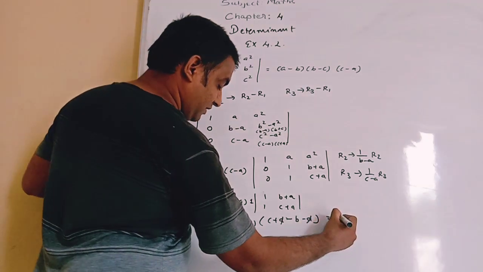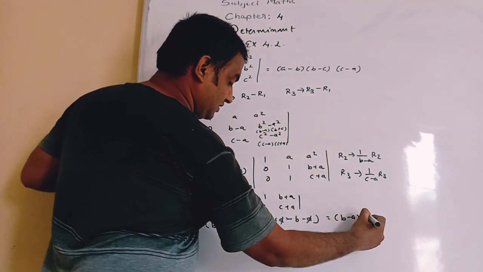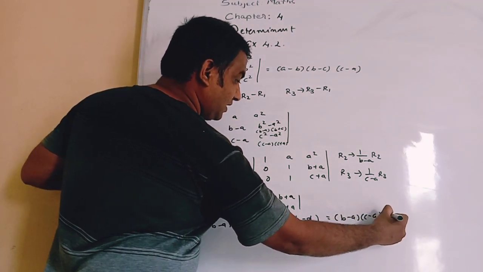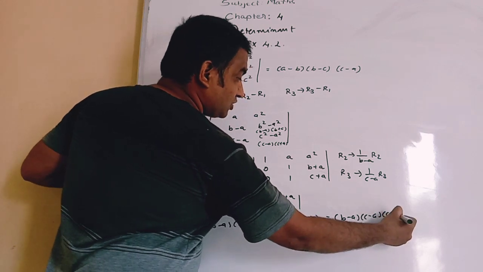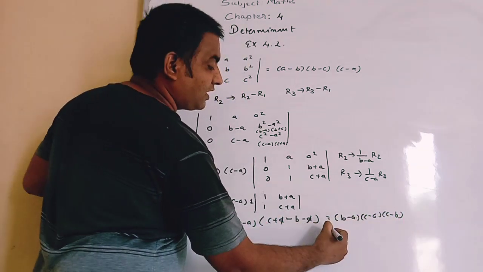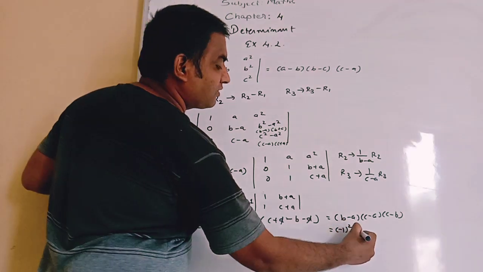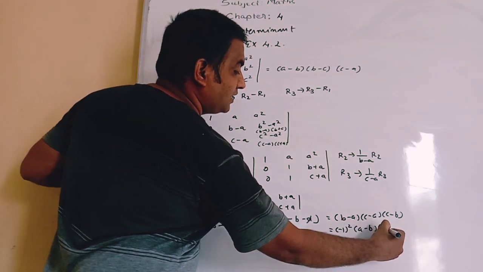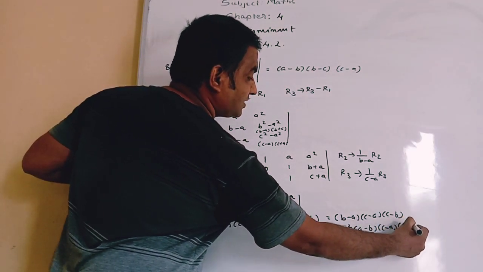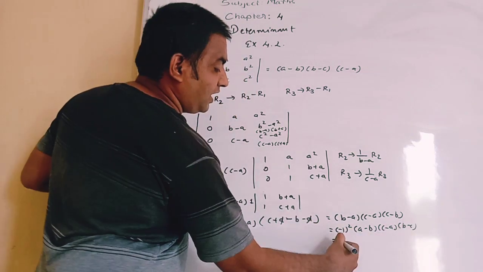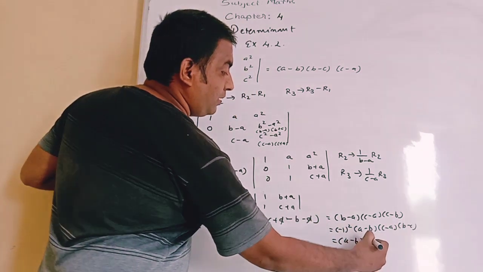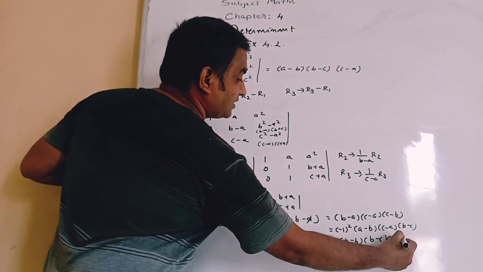So it is b minus a, c minus a and c minus b. Here from this bracket we take out minus 1 common, so minus 1 square, a minus b, c minus a, b minus c, and so it is a minus b, b minus c, c minus a.